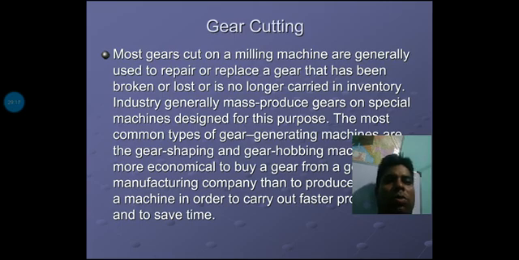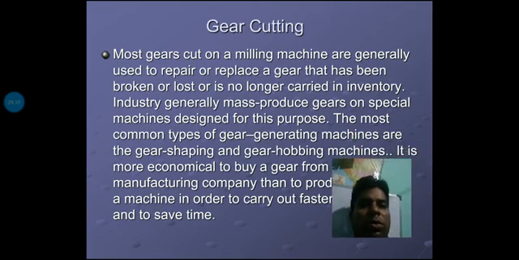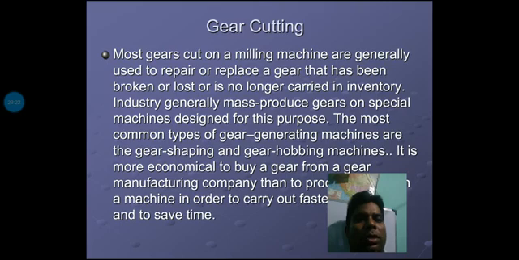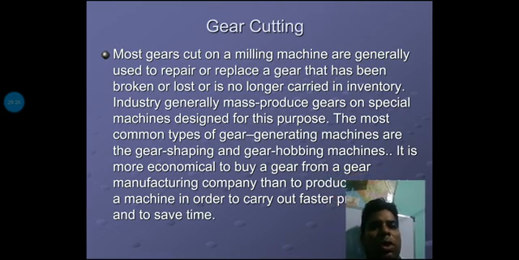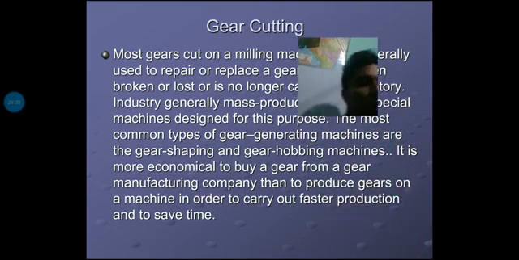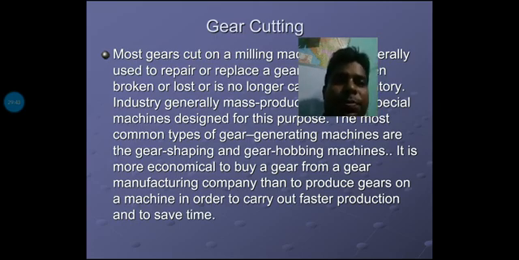The most common type of gear generating machine is called a gear hobbing machine. Mainly two methods are used for mass production: one is gear hobbing and another is gear honing.